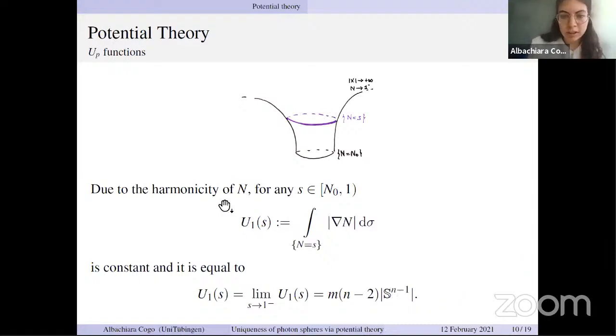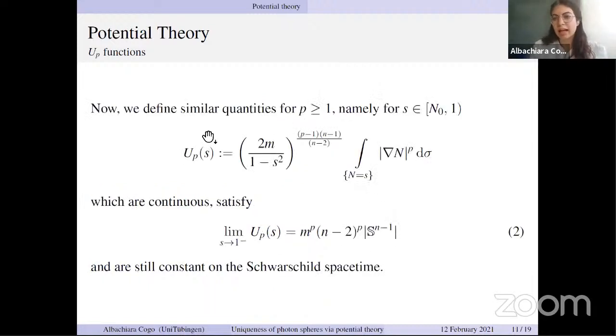So they started from this observation and generalized this idea to any p bigger or equal than 1, taking these u_p functions, which are given again by a function and an integral over a level set of the norm of the gradient of n to the power p.